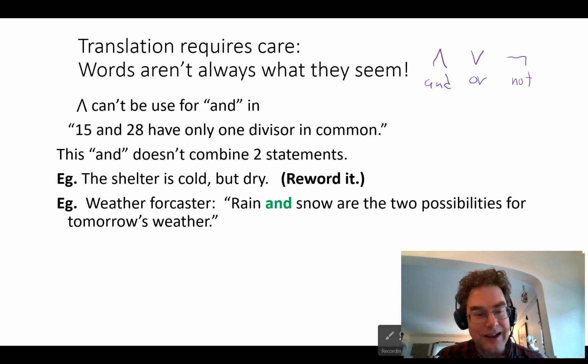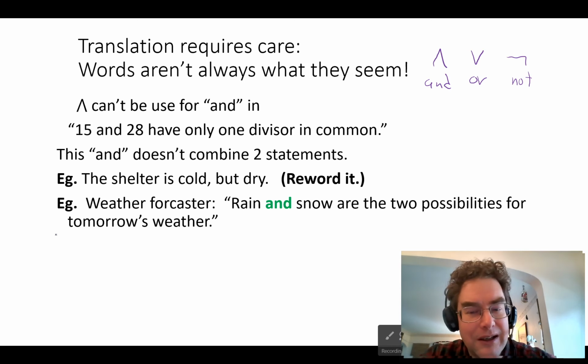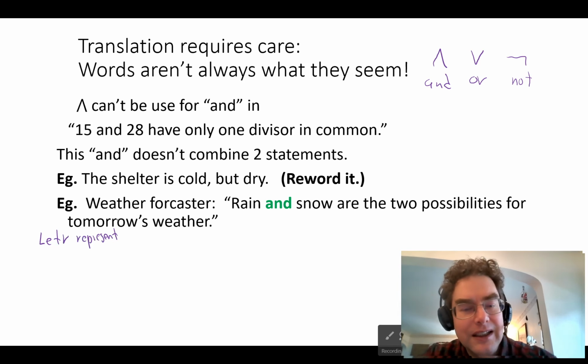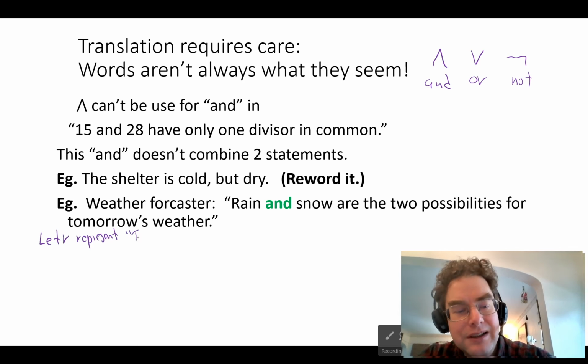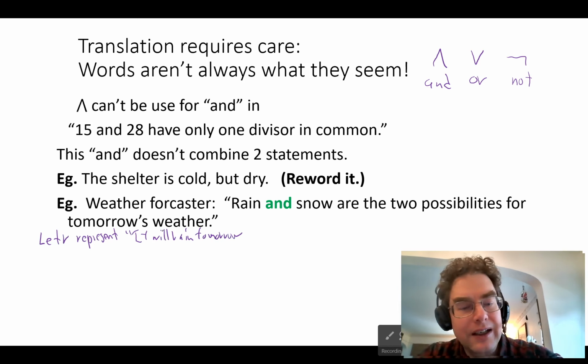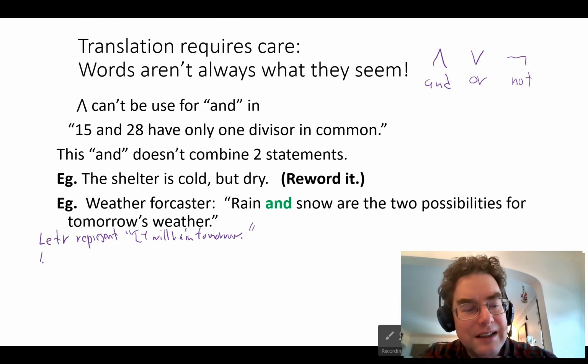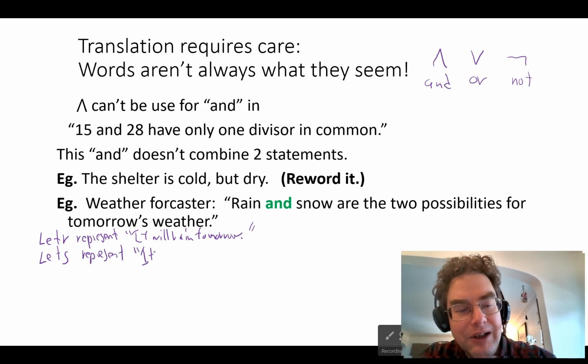Okay, actually here, I think if we were gonna do something like the following and say let R represent it will rain tomorrow, and if we let S represent it will snow tomorrow, what kind of connective is between those?